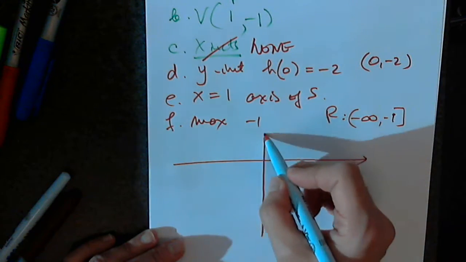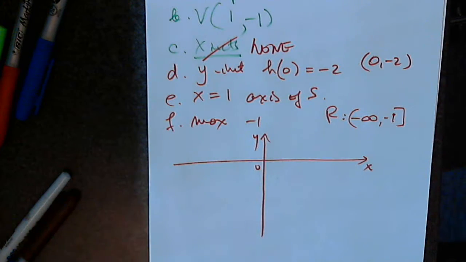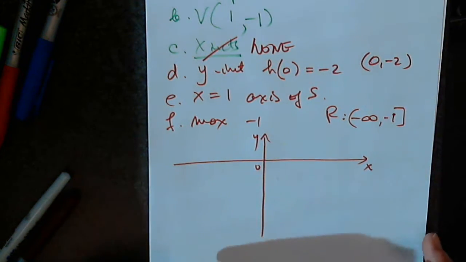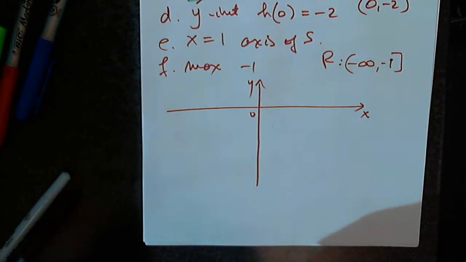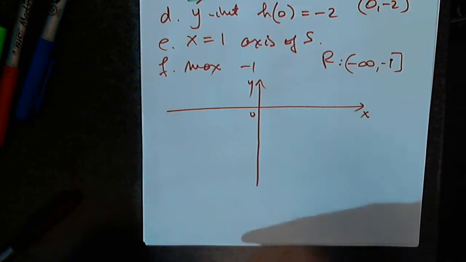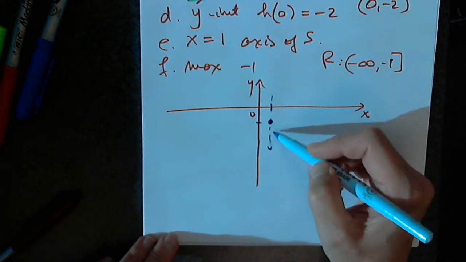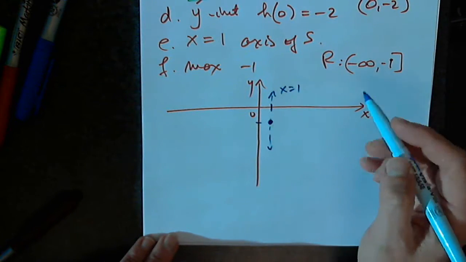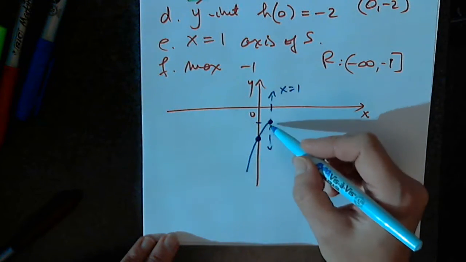So let's graph the function. And I forgot, I really wanted to show you one more graph with the graphing calculator. So I have to graph the vertex first, 1 comma negative 1. Then the axis of symmetry, which is x equals 1, and 0 comma negative 2. And just graph the function.